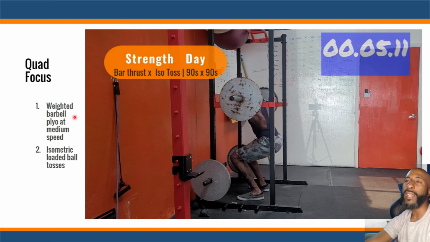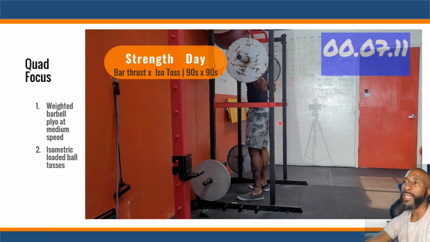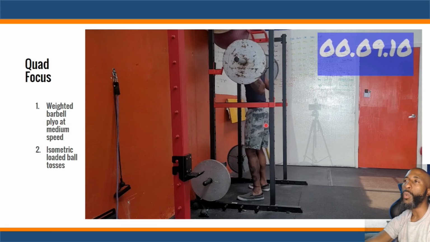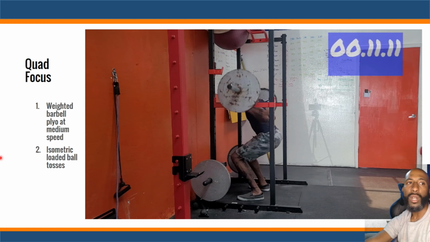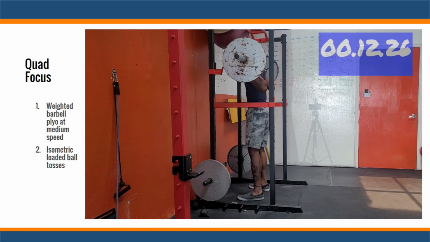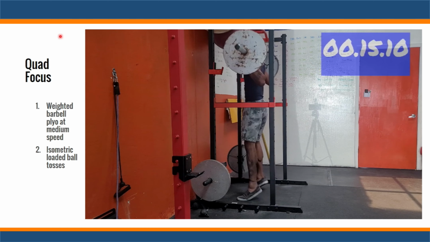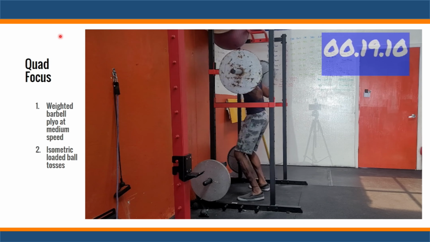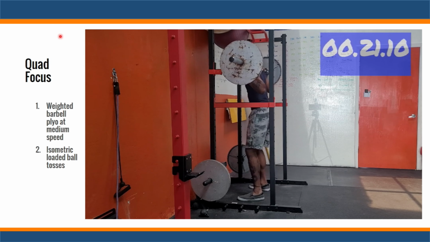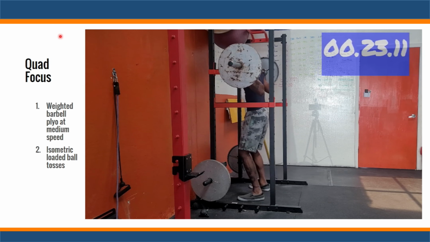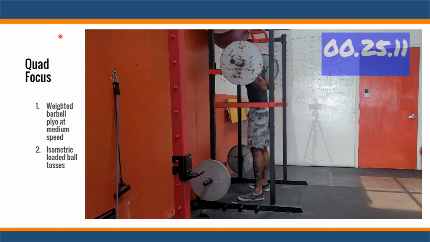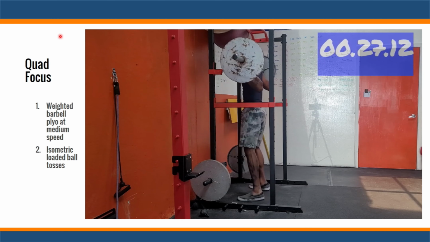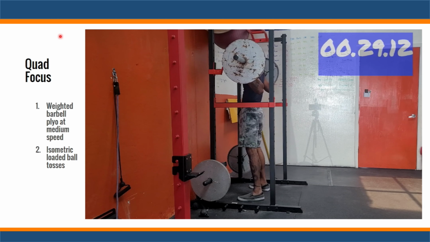One thing that we did on a quad focus day is this. We'll go in and we'll do our squats. And these aren't just any type of squats. These are actually squat thrusts, you can call them, but we really tempo these squats so that we elevate really quickly, right? Elevate very quickly.